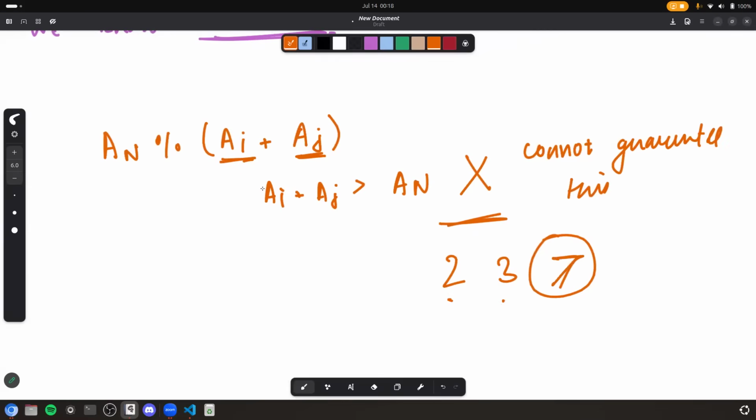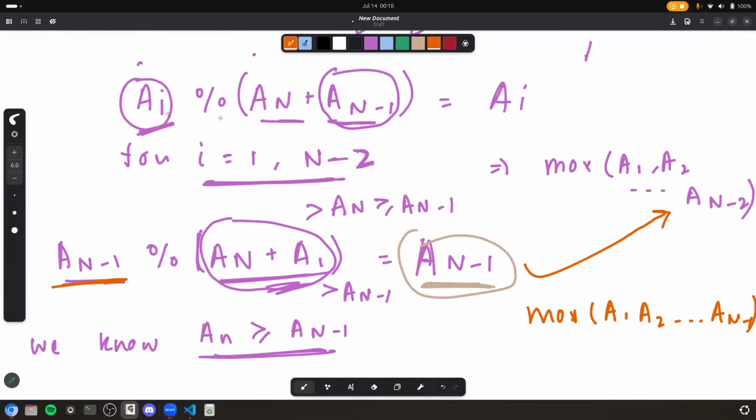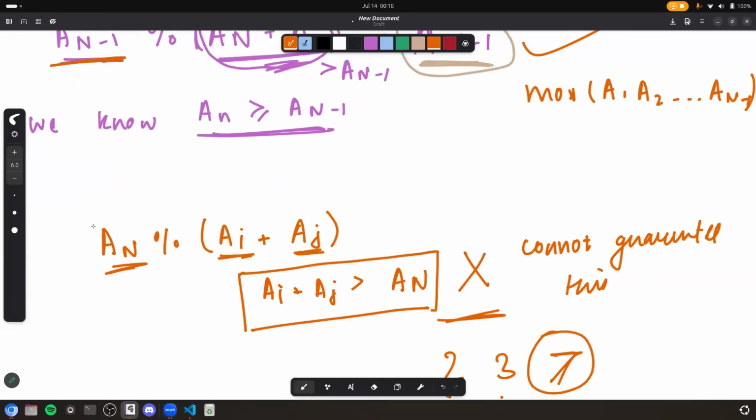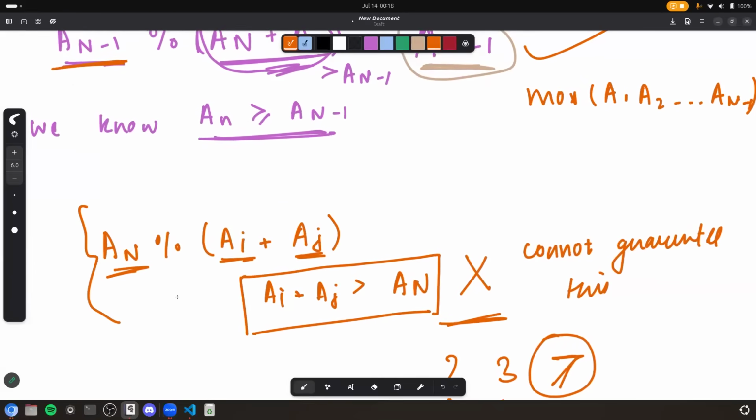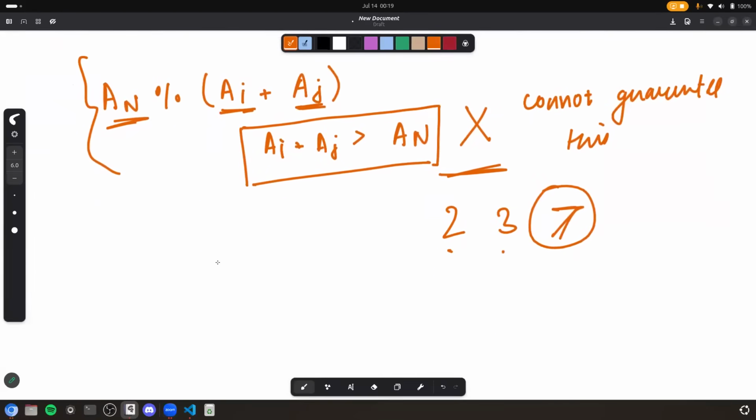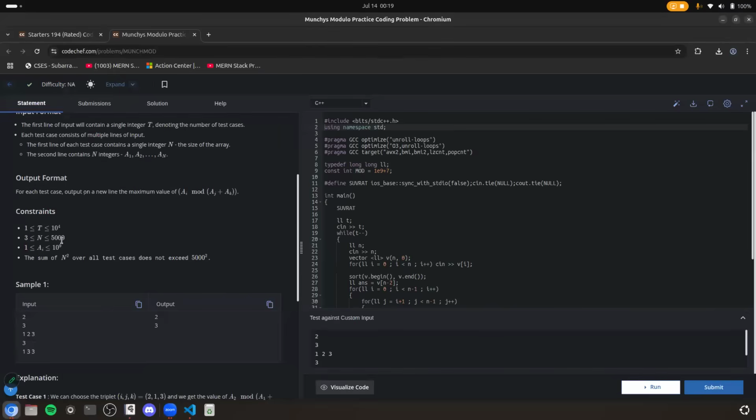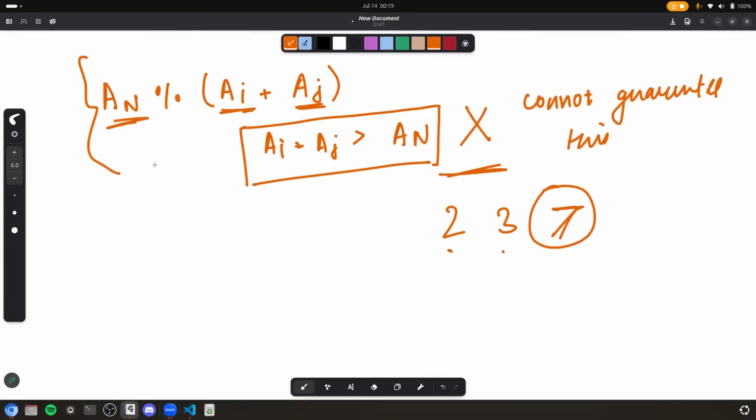So this property cannot be guaranteed for the largest element like we did for every other element from A1 to AN minus 1. We cannot do it for this element. But in this question, the constraints allow us to do n square. So what we can do is brute force for this.